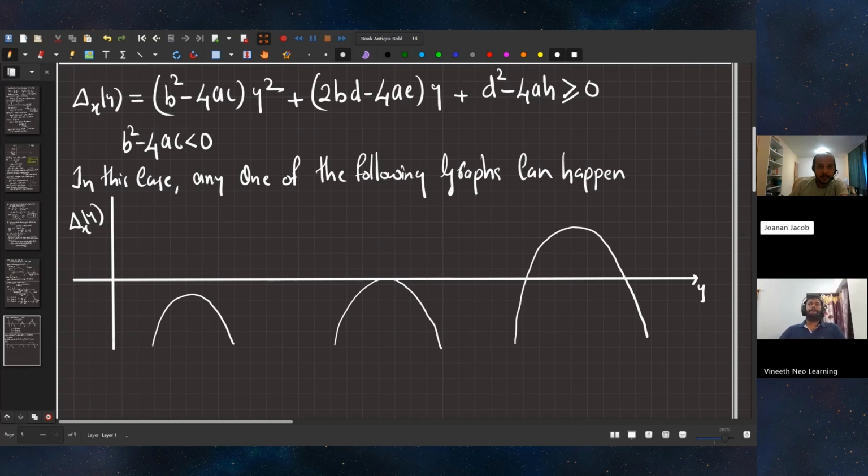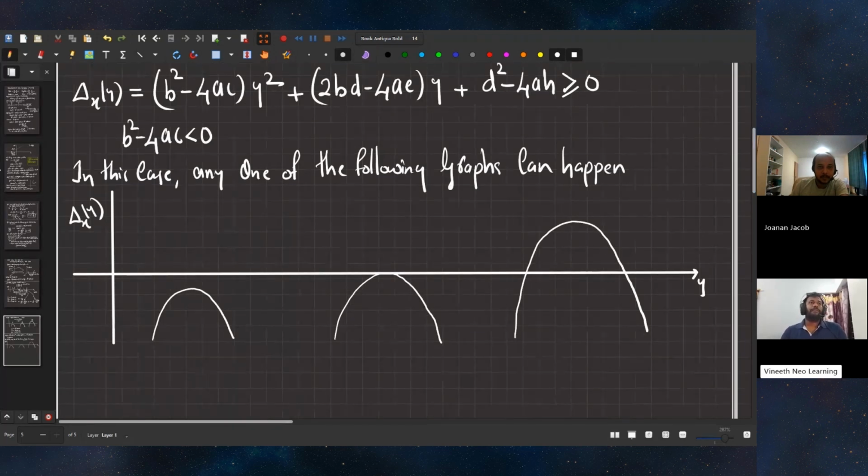Okay, Joe? Yes, I'm drawing it here also. In case 1, we want delta x to be greater than or equal to 0. In this case, will it satisfy this inequality?